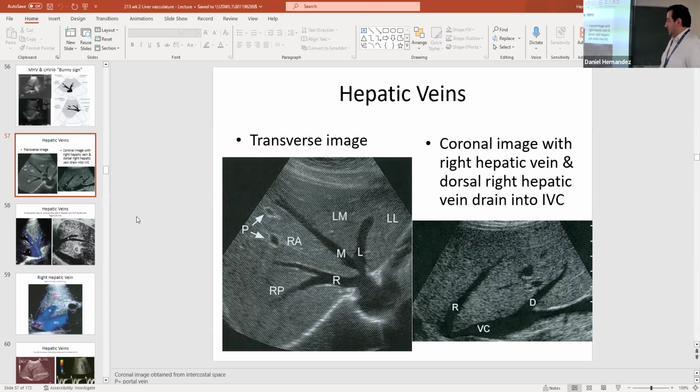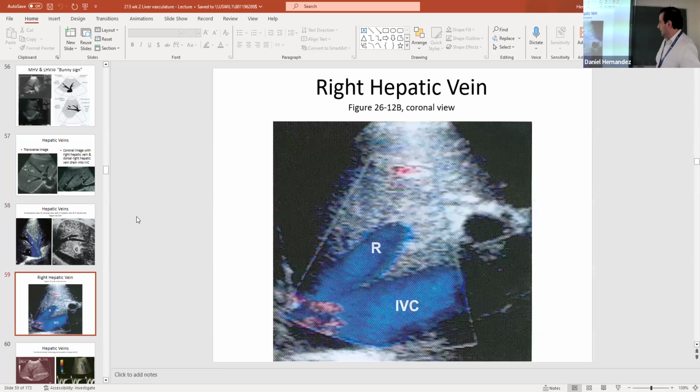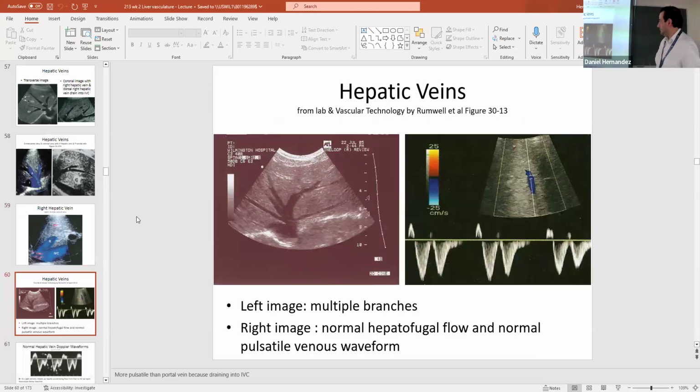So we're going to practice some other techniques to get good color flow. The main one is coming from a more coronal approach in sagittal and having that right hepatic vein draining right in. If it is truly patent, it's going to fill right up with color and you'll be able to get a good Doppler tracing.